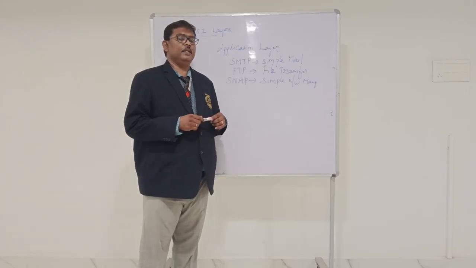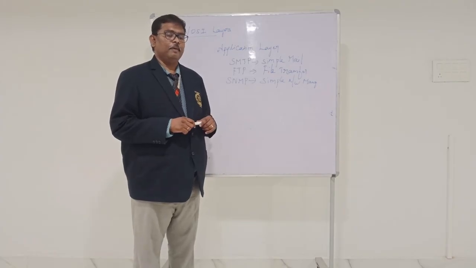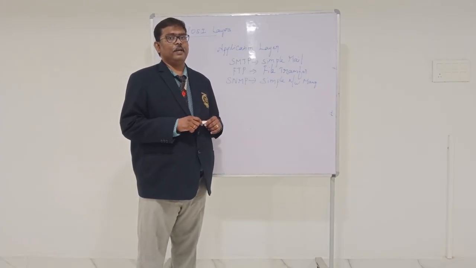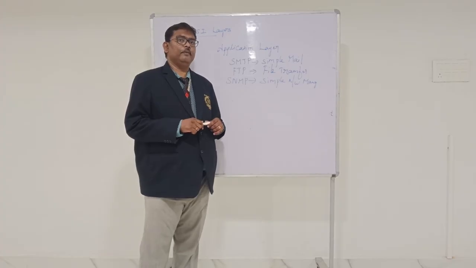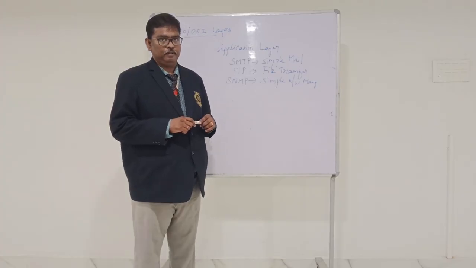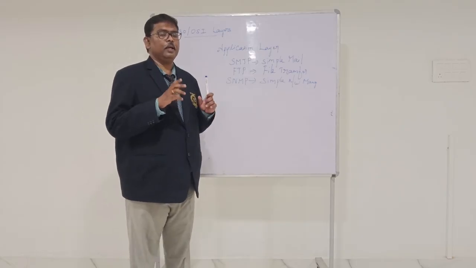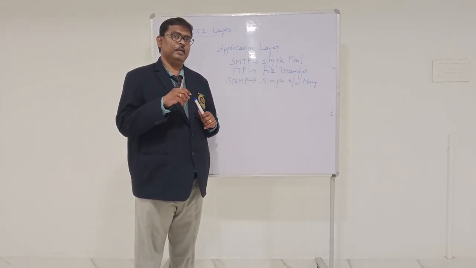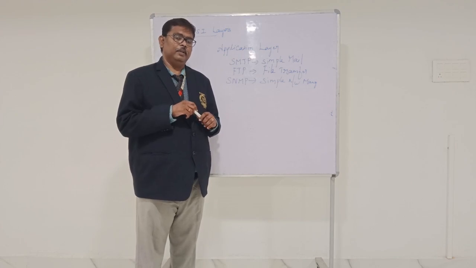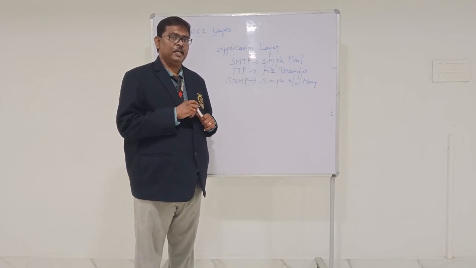For understanding these concepts, some very good reference textbooks are available. You can follow Data Communication by Forouzan, Behrouz Forouzan, and Tanenbaum. These books give very good insights and pictorial representations of each layer.